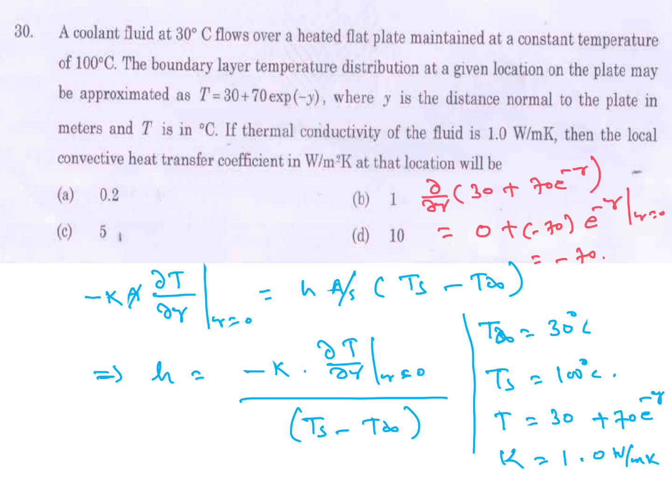If we put k is 1, minus 1 into minus 70 divided by Ts minus T infinity, 100 minus 30 is 70. So it's 70 by 70, which is 1. 1 is our answer, 1 watt per meter square Kelvin, the local convective heat transfer coefficient. B is our answer.